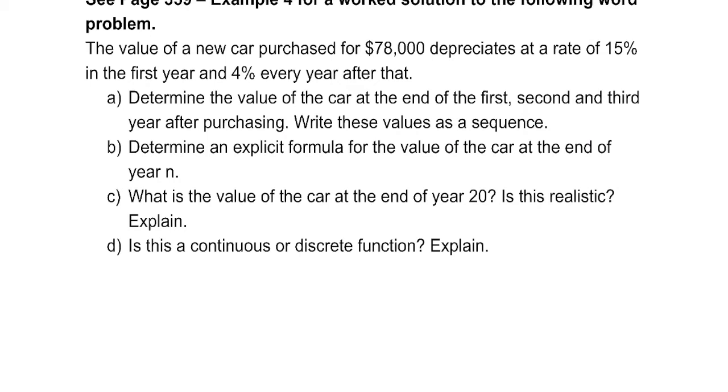Here, time is in years, and that could be our term number. So n would be 1, meaning the value of the car after 1 year. n would be 2, the value after the second year. And n being 3 would be the value after the third year. So here we can think of it as a sequence, but in this case n, the term number, could represent our year as well.